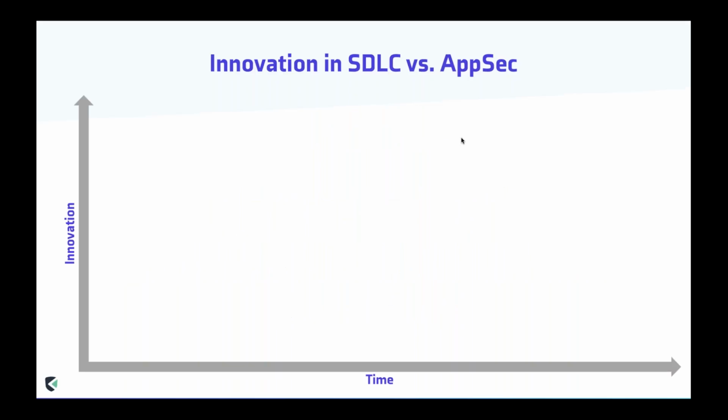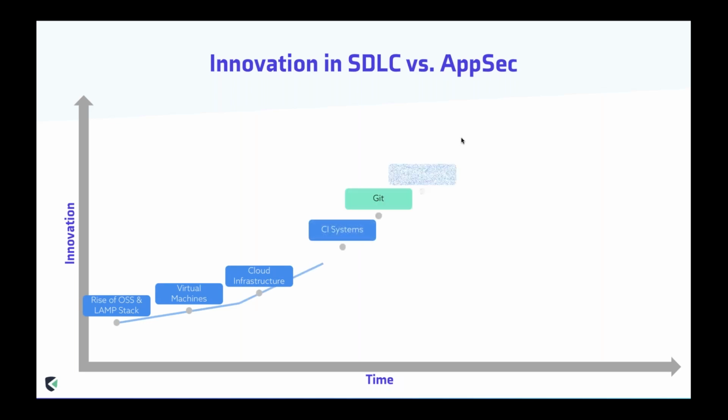So where exactly has this disconnect come from? And we think if you look at the innovation that has occurred in the SDLC and you compare it to the innovation that's happened in application security, this is kind of the root cause. So this will probably be a nice quick trip down memory lane for a lot of folks that have been developing applications or securing them for the last 20 years.